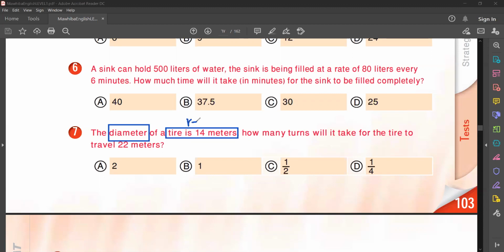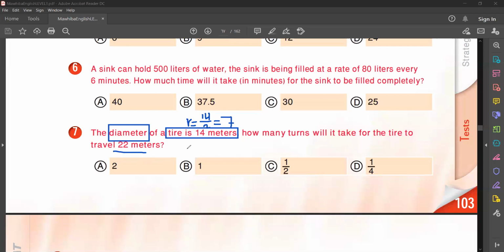How do I find the radius here? Radius is the diameter divided by 2, right? Yes, we need the radius. Radius equals 14 divided by 2 to find the area or perimeter of a circle. So the radius is 7. Now, how many turns will it take for the tire to travel 22 meters?